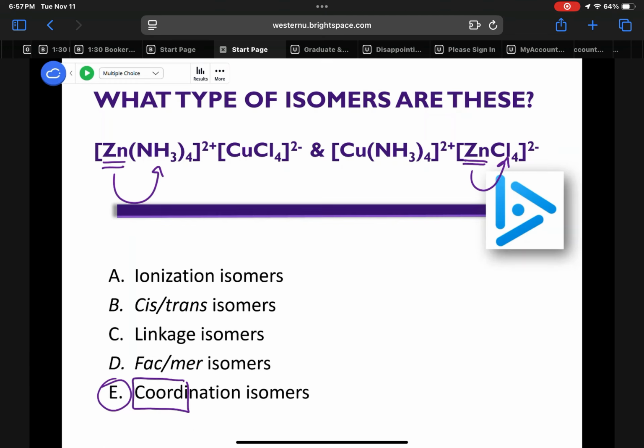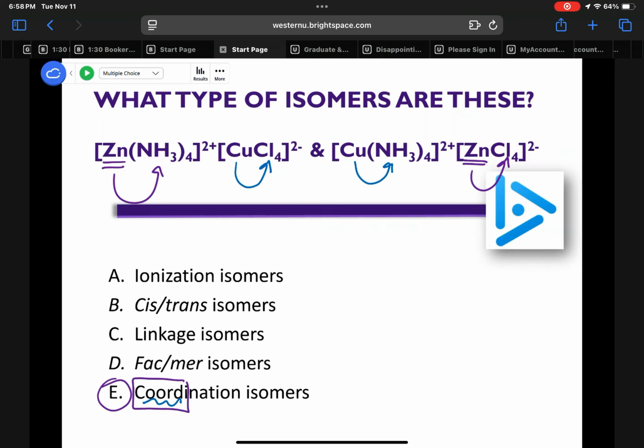Copper with chloride or copper with amine. The metal cations have swapped the type of ligands that are surrounding them. So the types of ligands that are coordinating around them. Okay, I'll give you 5 seconds to wrap up your conversation. 3, 2, and 1.